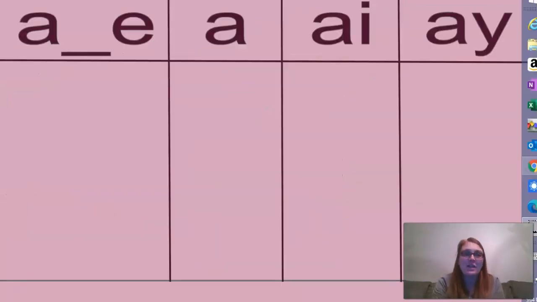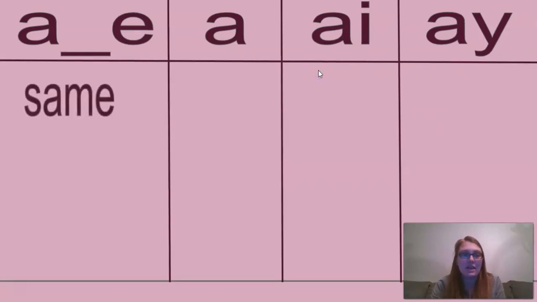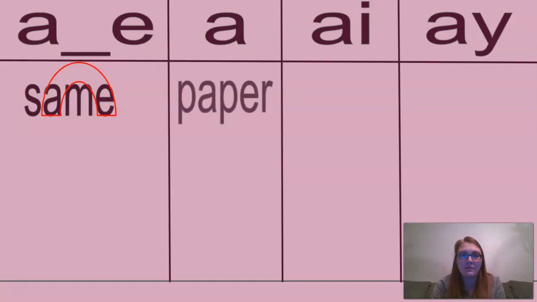Okay, on the screen you'll see 4 different spellings for the long A sound. First up is A space E, like in the word same. And as you probably remember, the A and the E work together, even though they're not next to each other, they're still partners working together to make that A sound. Sometimes the long A is with just a single letter A, like in the word paper.